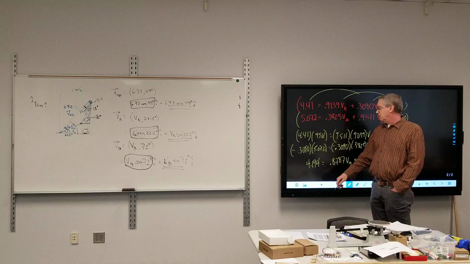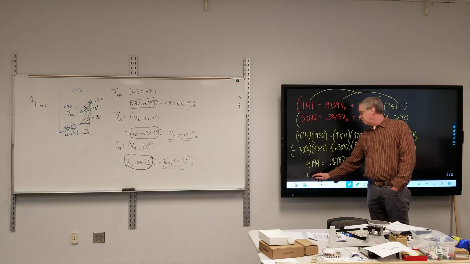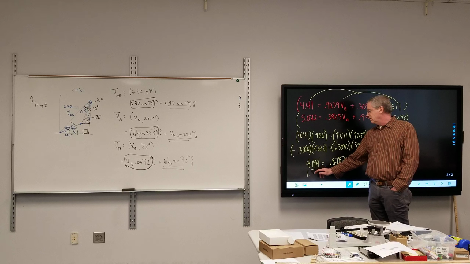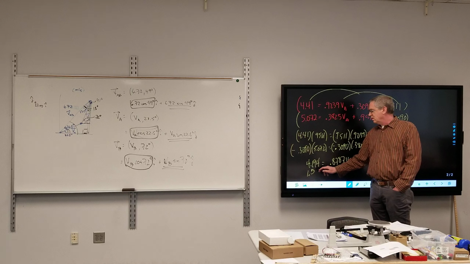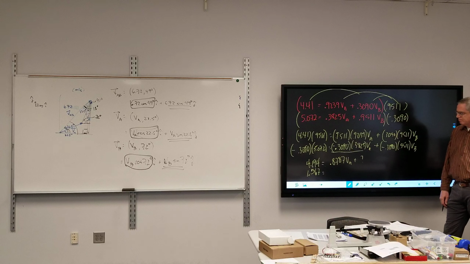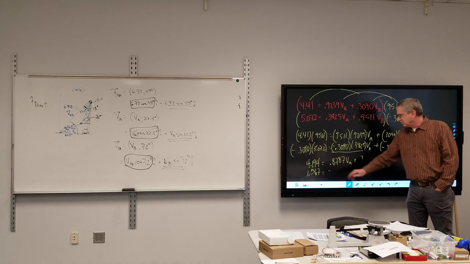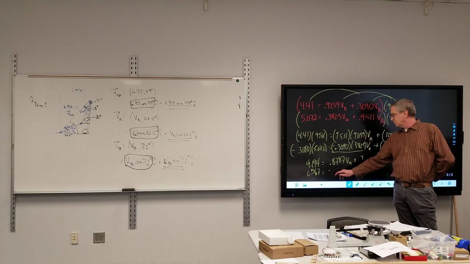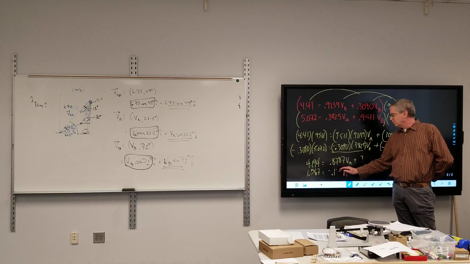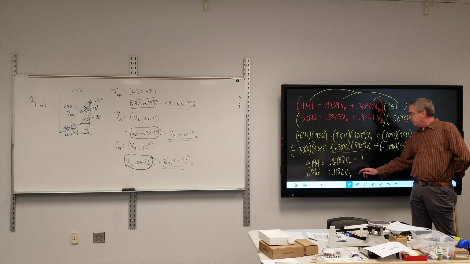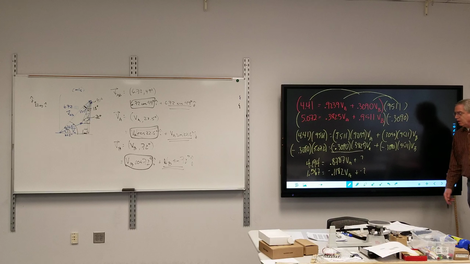So this, 1.5-ish, 1.567, and then this, negative 1.1182 VA, plus negative question mark.